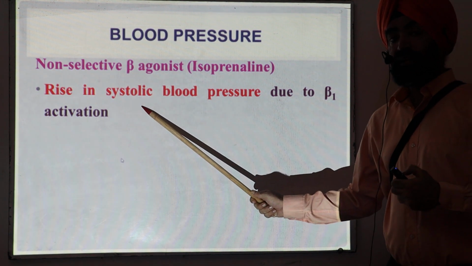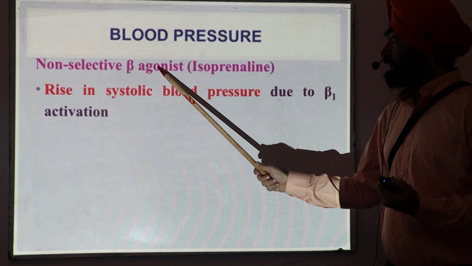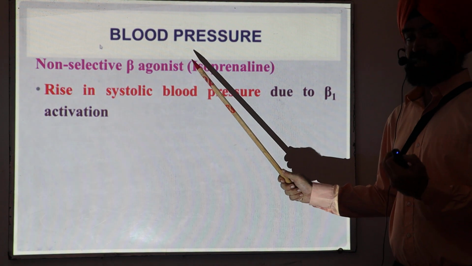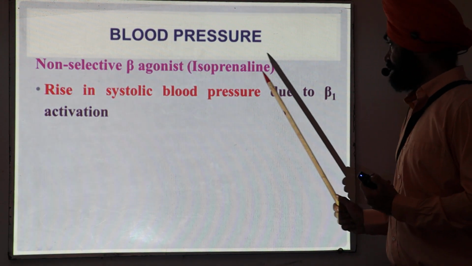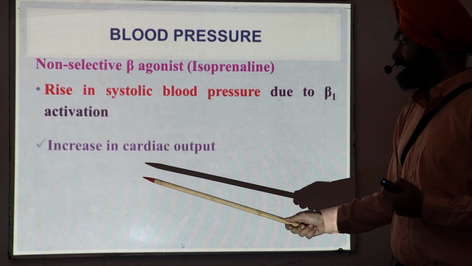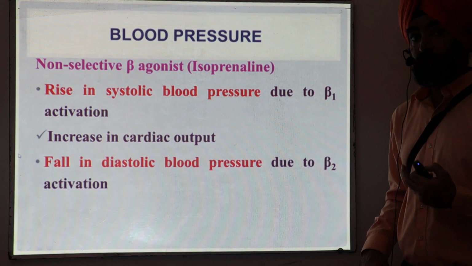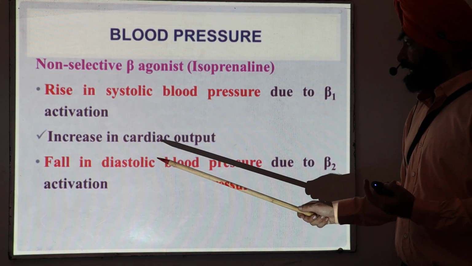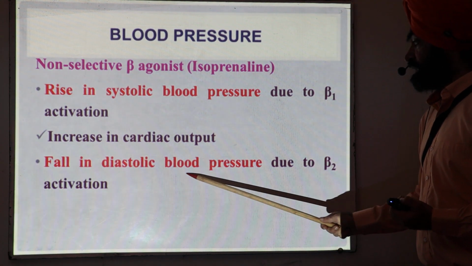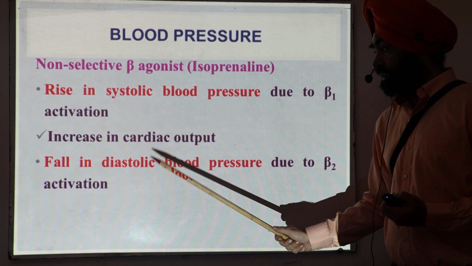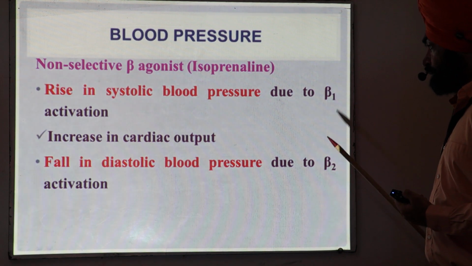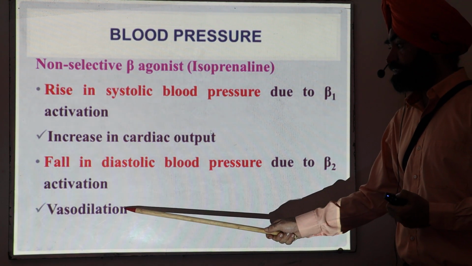Why? Because this non-selective beta agonist activates beta 1 receptors, which produces an increase in cardiac output. But at the same time, it produces a fall in diastolic pressure. Why? Because it causes beta 2 receptor activation, which produces vasodilation.